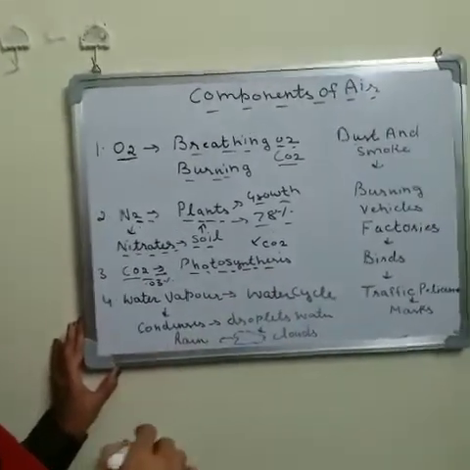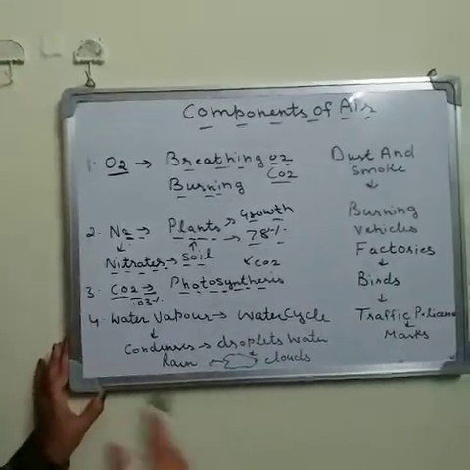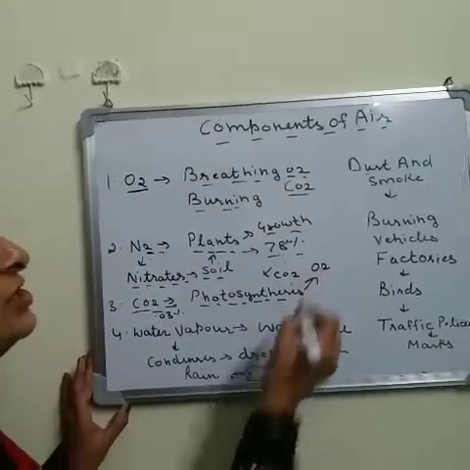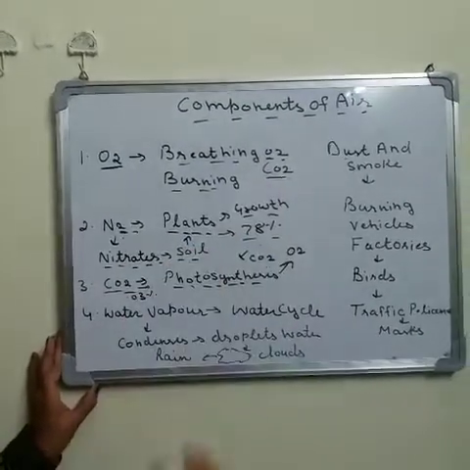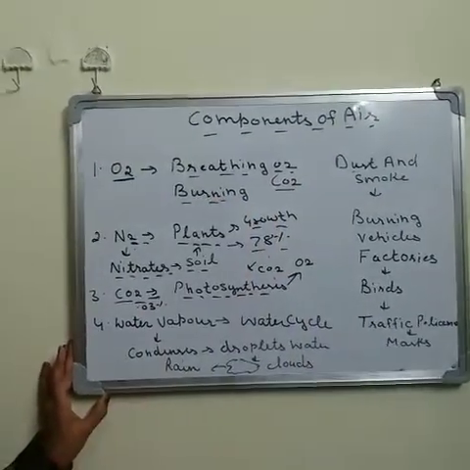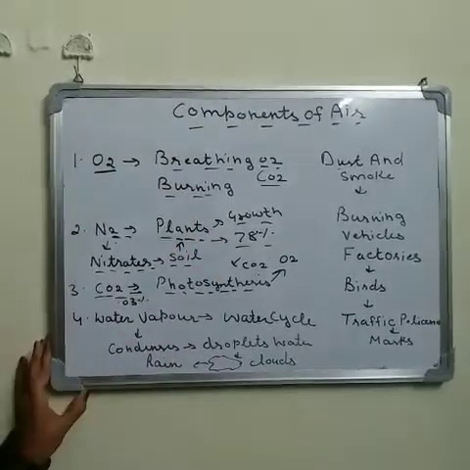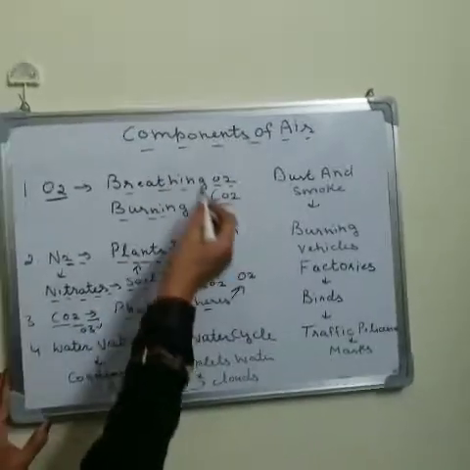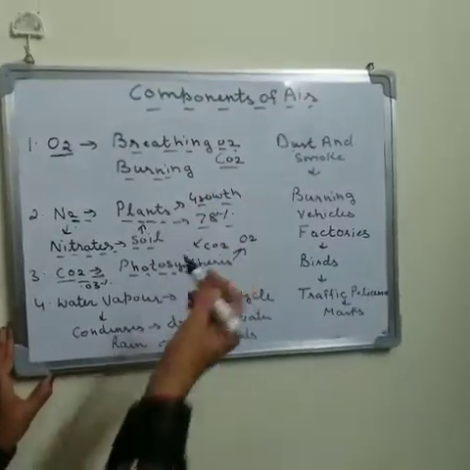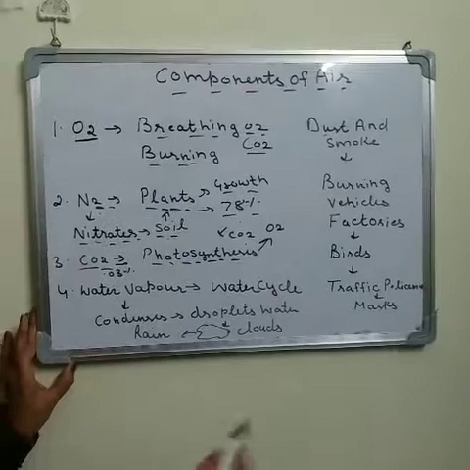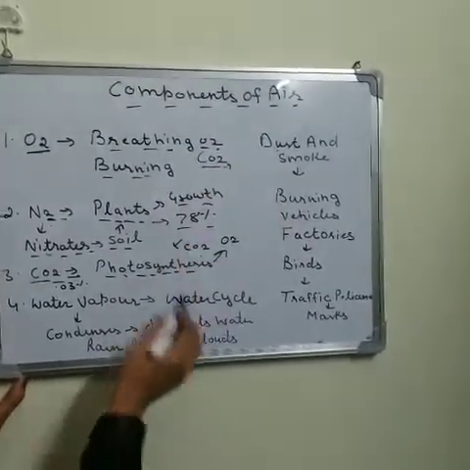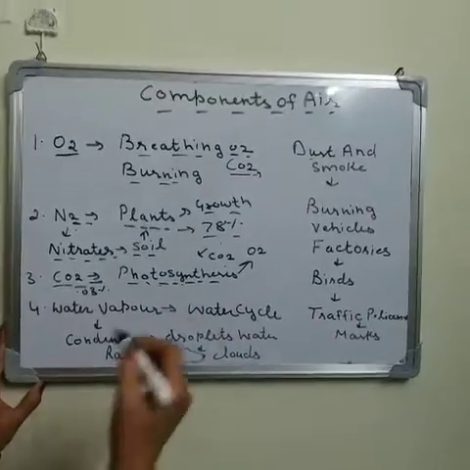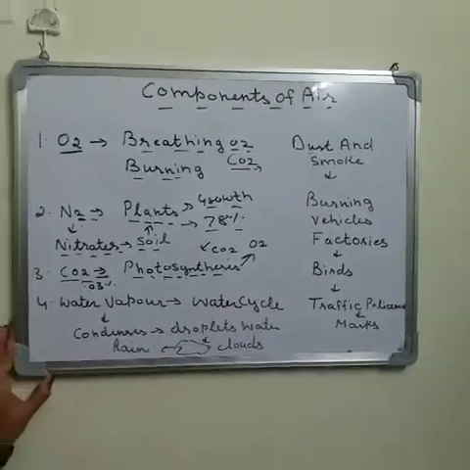This is stored in their body in the form of starch and other complex forms. After that, they release oxygen rich air, which is used by living beings. So it is an oxygen cycle: living beings inhale oxygen and give out carbon dioxide during respiration, and plants take in this carbon dioxide during photosynthesis and release oxygen rich air.